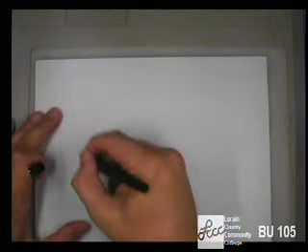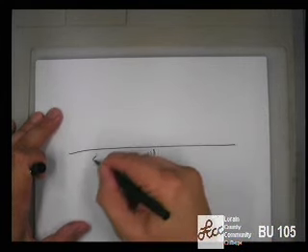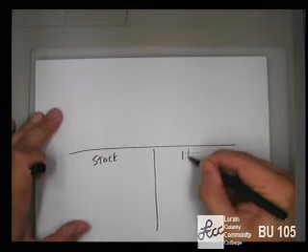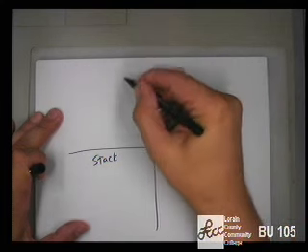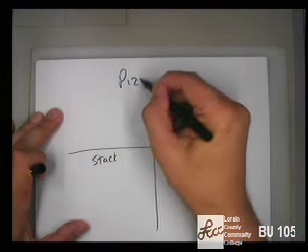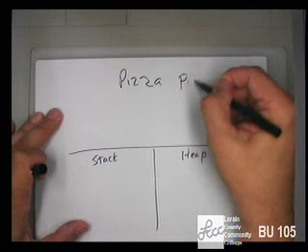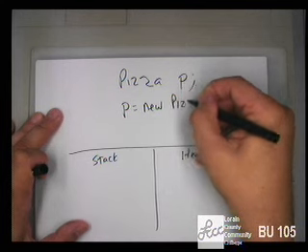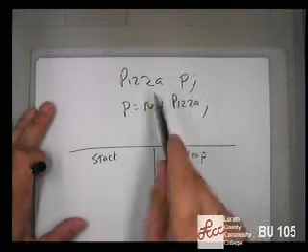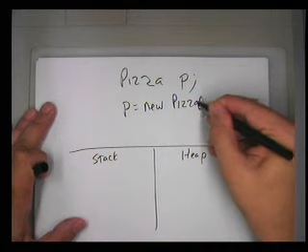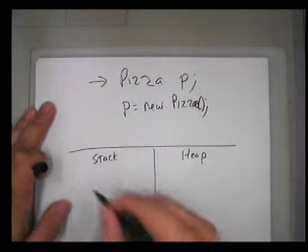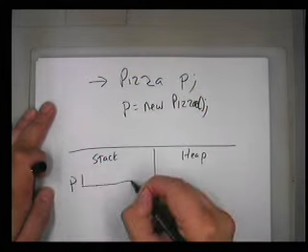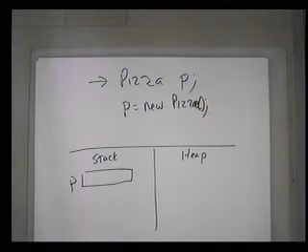So let's go through these instructions from the stack and heap perspective. If I were to say pizza p, p equals new pizza. After this instruction executed, I would have a variable on the stack that's going to contain a pointer to p.